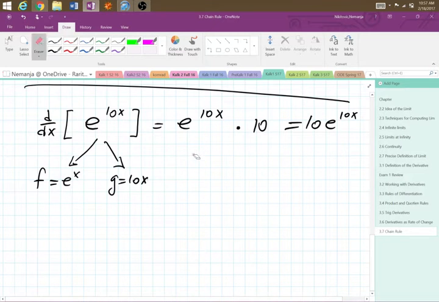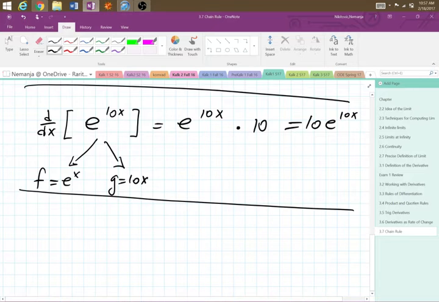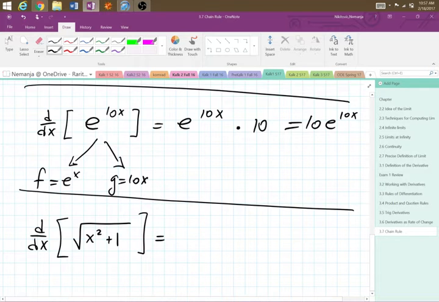I'm going to actually move this line. Let's see. How about the derivative of the square root of x squared plus 1? First of all, you cannot take the square root here. I've seen this in 2 cases on the exam.